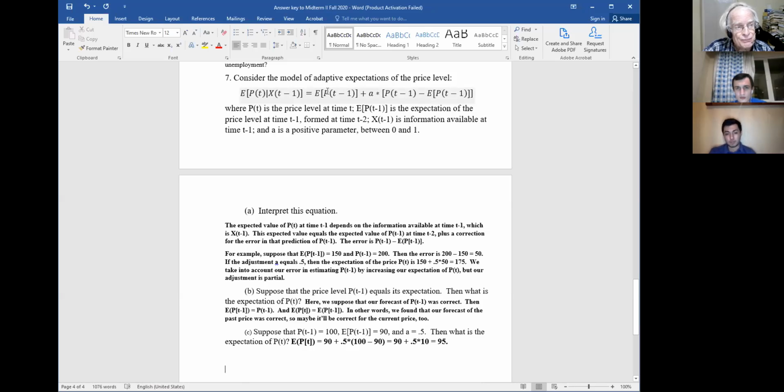Last year, our expectation had been 90, and we now know that that is an underestimate. So we say, okay, let's raise our expectation for the price this year, but let's hedge just a little bit. Let's raise the expectation not by 10 units, but instead by only 5 units. So there is a very gradual adjustment to our mistakes in the past.